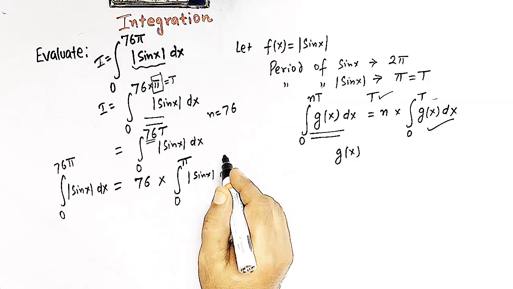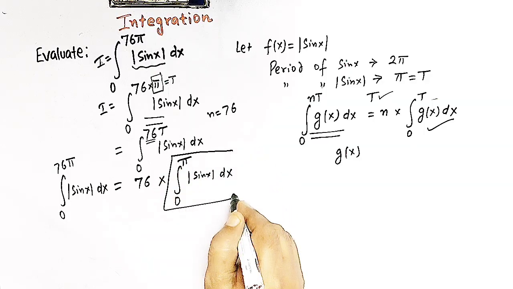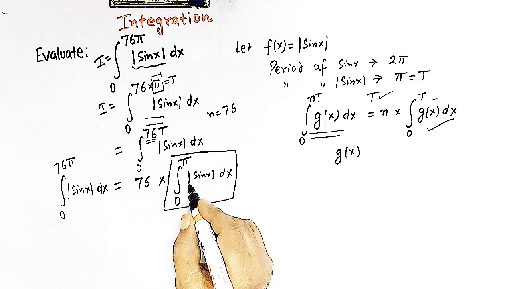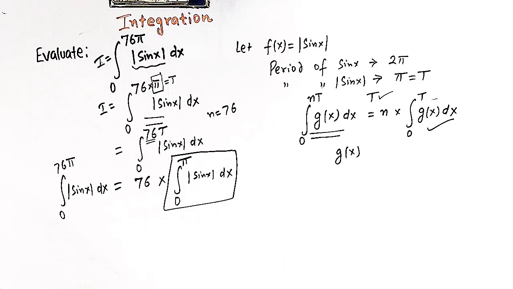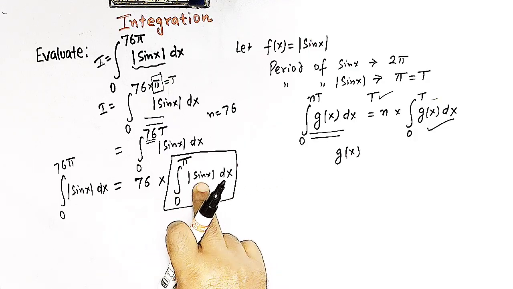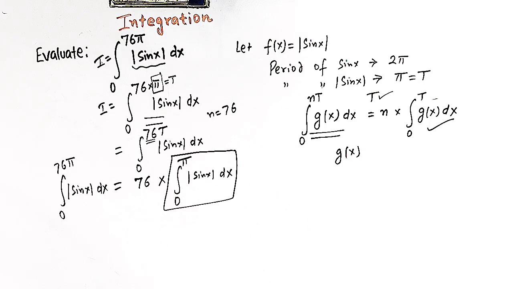Now we have to find the value of this definite integral using the definition of the mod function and the sign convention of trigonometric functions, in this case sine x in the four quadrants.